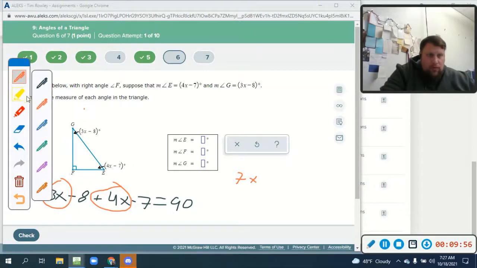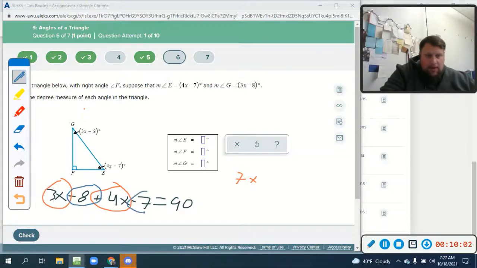And then I have minus 8 minus 7, minus 15. And we know that equals 90 degrees. So I color coded that so you kind of see it. Again, I'm going to add 15. Let's just solve this like we would any equation. Y'all are great at those.